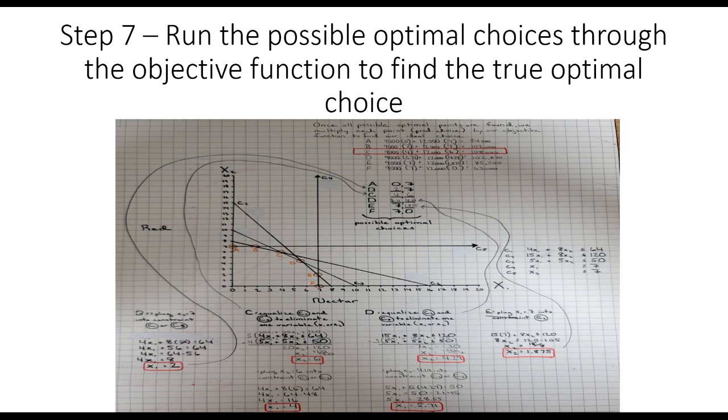Because we're trying to maximize, we choose point C, which has the highest value of 108,000. And we know our best possible choice to maximize revenue in this scenario is to manufacture 4 x1, 4 bottles of nectar, 6 x2, 6 bottles of red.